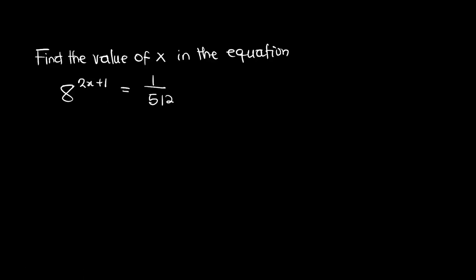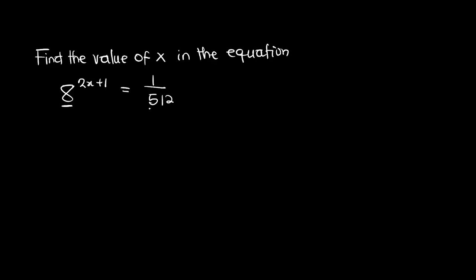In indices, we deal with something we call bases. So the first thing we'll have to do is to change the 512 to be a number with an exponent. The number in this case should be 8, so that there will be common bases, and then we can equate their powers.